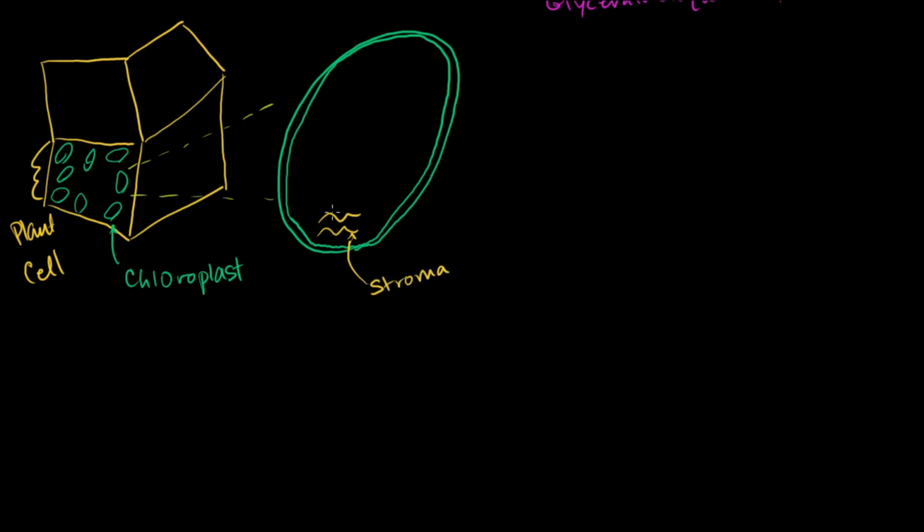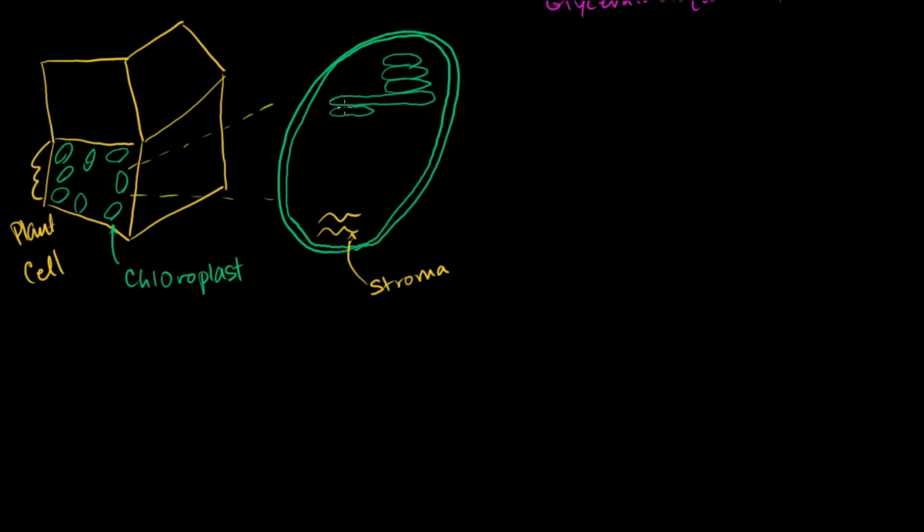And then within the chloroplast itself, you have these little stacks of folded membranes. Let me see if I can do justice here. So maybe that's 1, 2. I'm doing these stacks. Each of these membrane-bound, you can almost view them as pancakes.